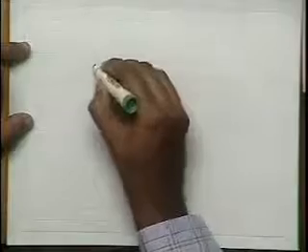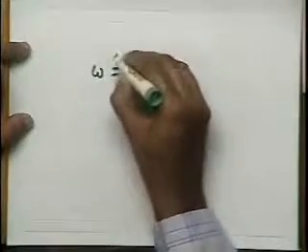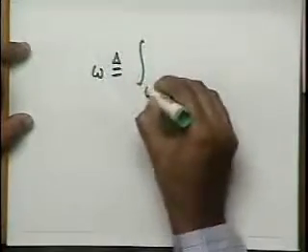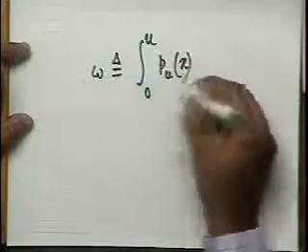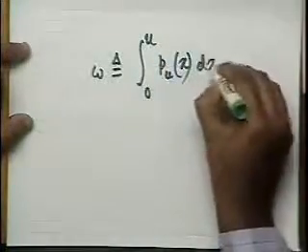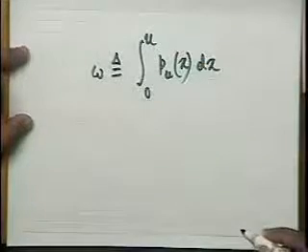What I will do simply is define a function W such that W is the integral of Pu(x) dx within limits 0 to u. So what am I doing?